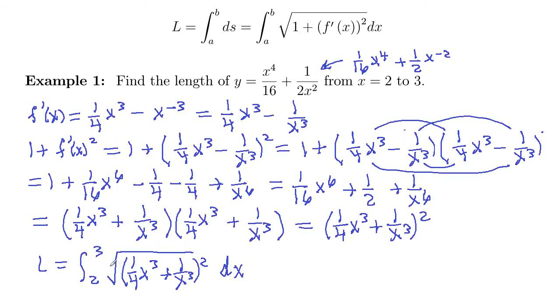And then check it out, square and a square root are going to cancel each other. They're inverse operations. So this is now integral from 2 to 3, 1/4 x cubed plus 1 over x cubed, and no more square root. And this is just going to be power rule. We know how to integrate that.